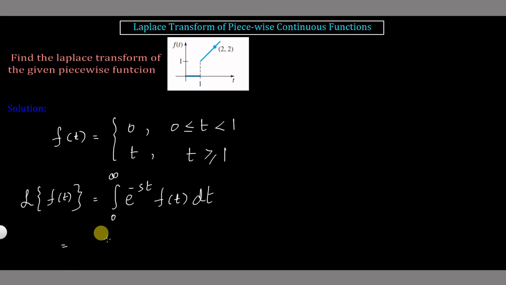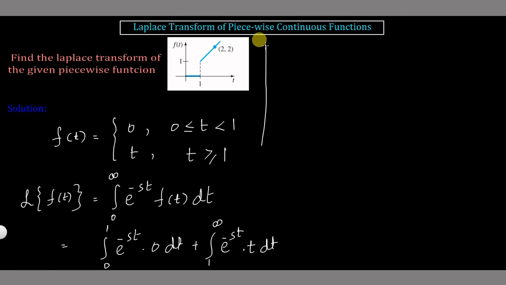Now we will split our integral: from 0 to 1, e raised to the power minus st times the function, that is 0, and then from 1 to infinity, because t is greater than or equal to 1, meaning there is no bound for t, so it goes up to infinity. So e raised to the power minus st, times, in this case, the function t. This is our integrals.